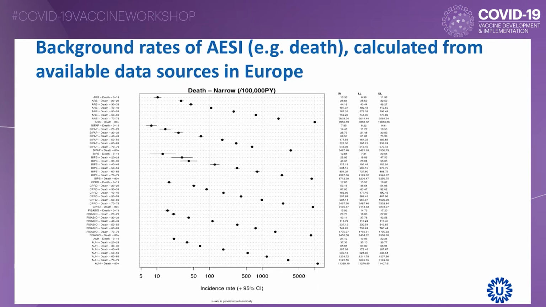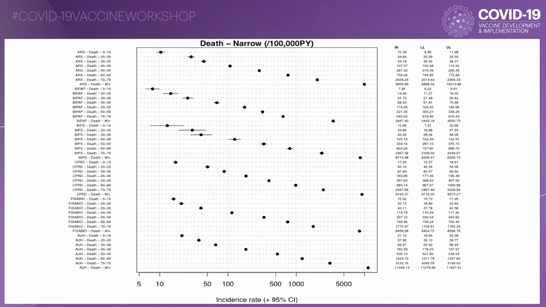Utilizing existing healthcare data. And what you see here is a graphic where on the x-axis you see the incidence rate per 100,000. And this is the event death. So this was done for each of the other ASI, but now we look at death. And here you see per database. So ARS here is a database in Tuscany, and you see the death rates by age.